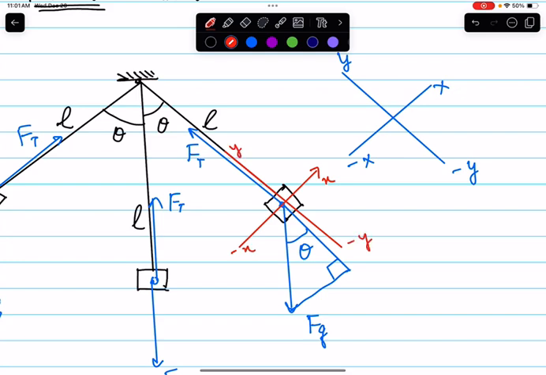What you would be observing is that the tension force is acting in the y direction. So because the tension force is acting along the y direction, we don't need to decompose it. We only need to do it for the gravitational force because the gravitational force is not acting along the direction of the axis.